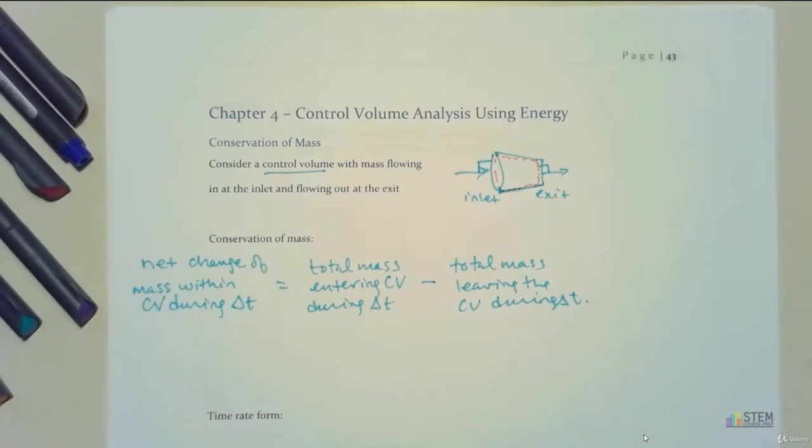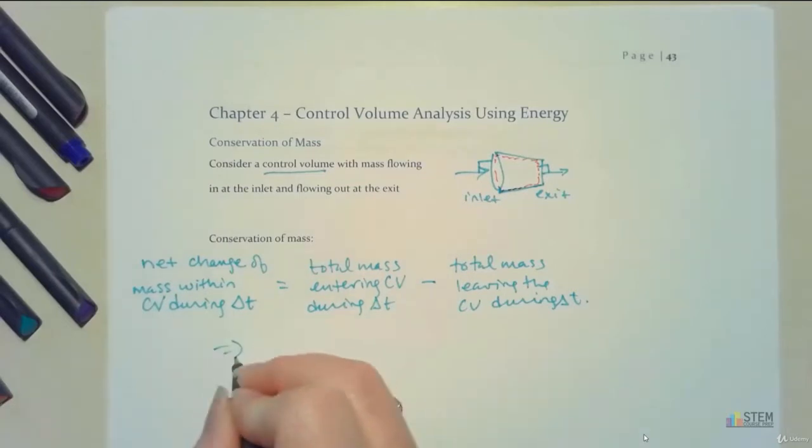That is what conservation of mass states. And that'll give you the net change. So we have to look at what's entering, what's leaving. Now it's important to note that these are during the same time periods. Okay, so you can't compare different time periods. That wouldn't make any sense.